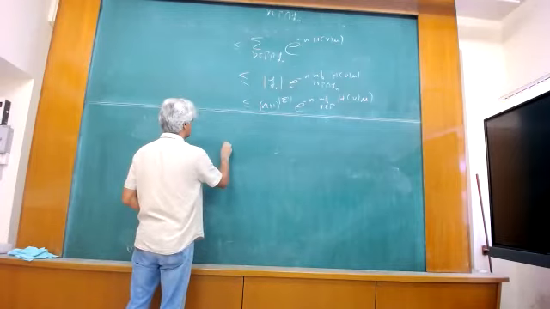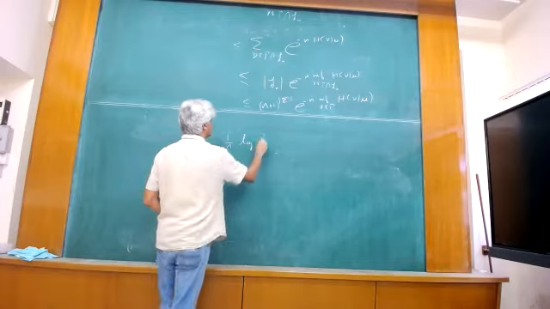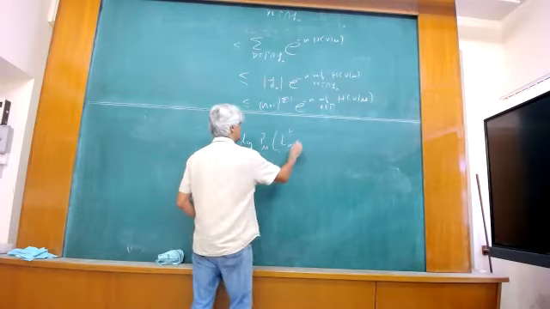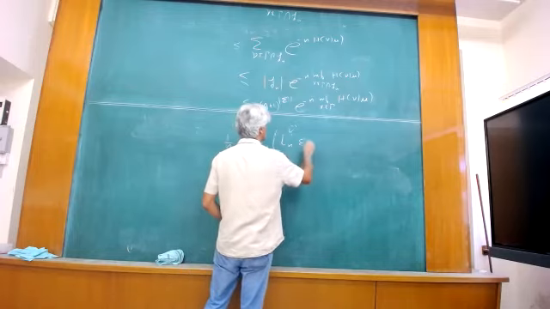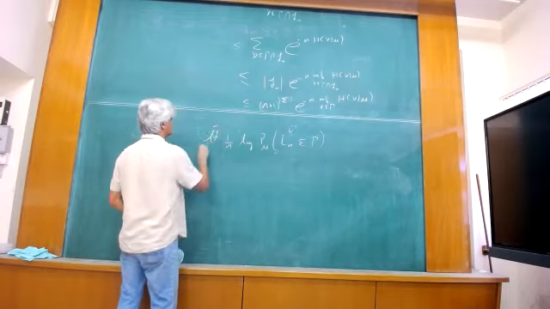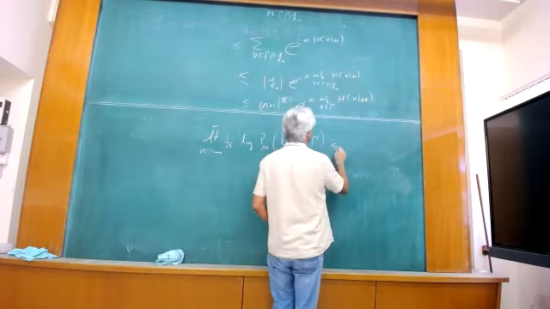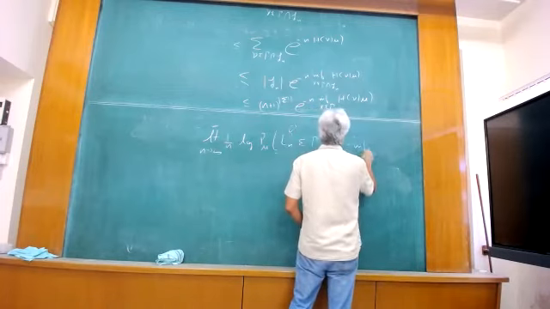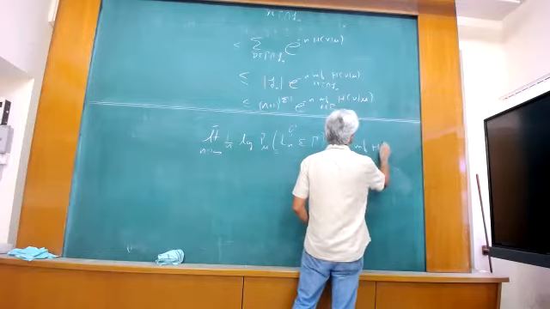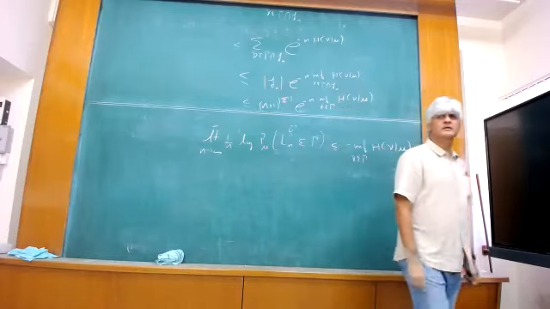So 1 by n log of the probability that the mu empirical distribution lies in gamma, the lim sup of this as n goes to infinity, is less than or equal to minus the infimum over mu in gamma of h.